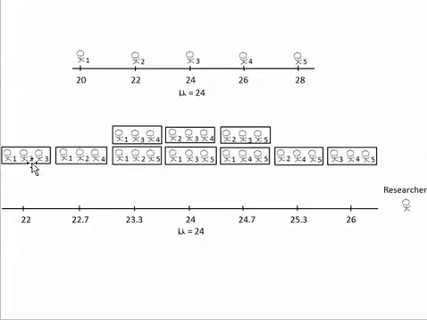Person 1, person 2, and person 3 have a mean of 22, so if you add their 3 ages and divide the total by 3, you would get 22. Person 1, person 2, and person 4 have a mean of 22.7, and these 2 samples both have a mean of 23.3. So once again, each possible sample is just placed above its sample mean.